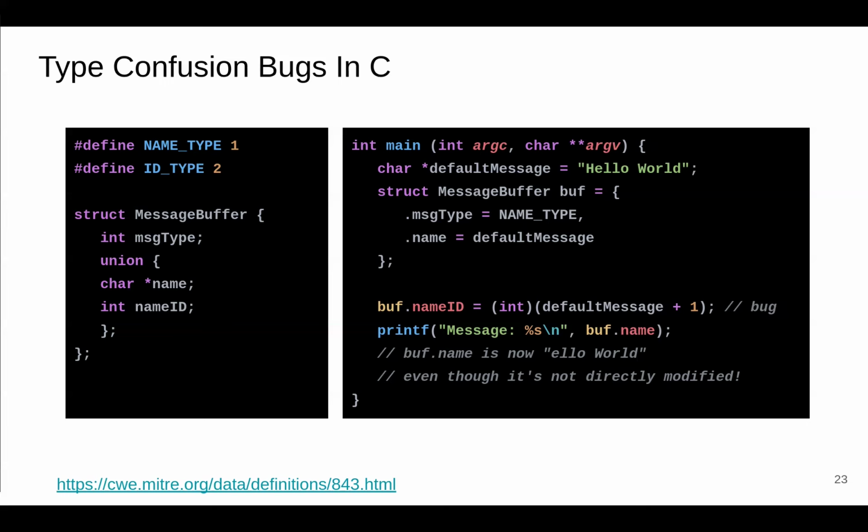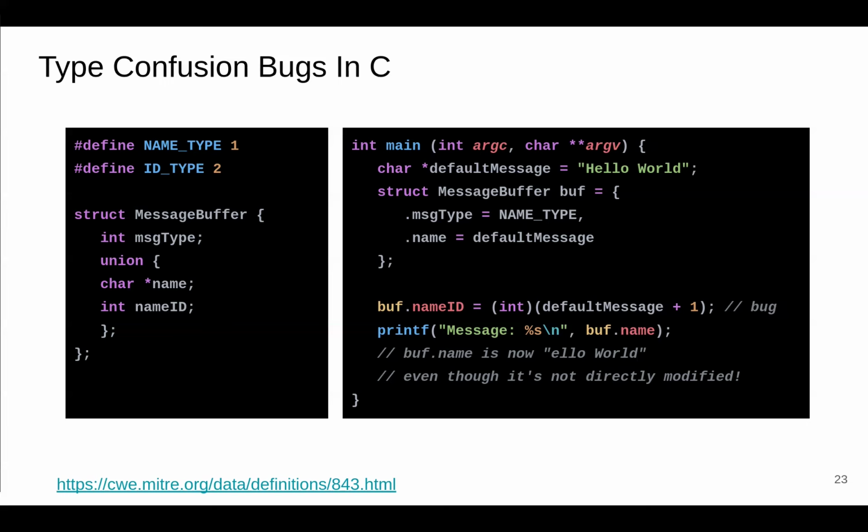And sets the pointer to just another integer. And this integer could be like the value controlled by the attacker, right? Because the attacker may be able to set an ID. And here, as in a simple example, we set it as default message + 1. Okay? So this is being treated as an integer.